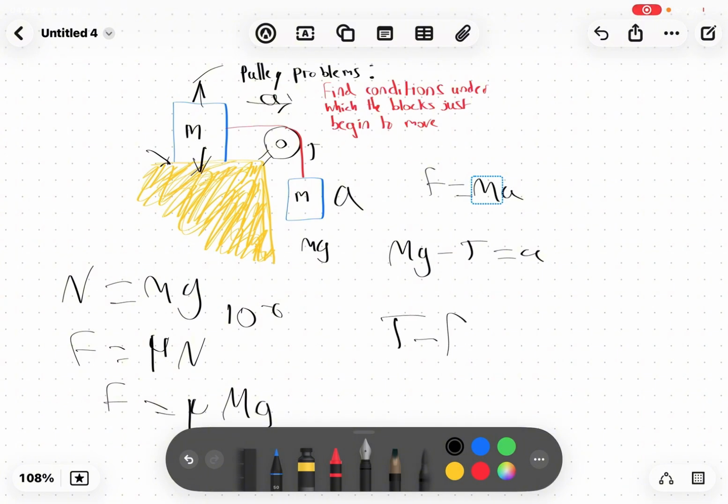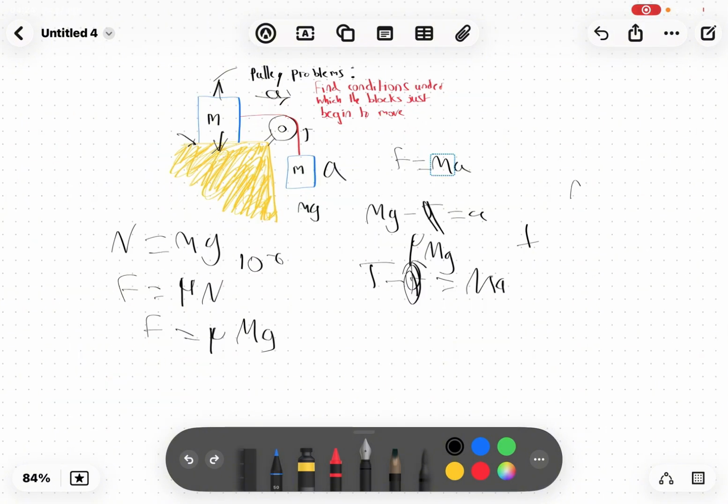We're also able to apply Newton's second law: tension minus friction equals Ma. And since F is equal to mu Mg, we're able to write mu Mg instead of the F. The T's cancel out when we add these two equations.